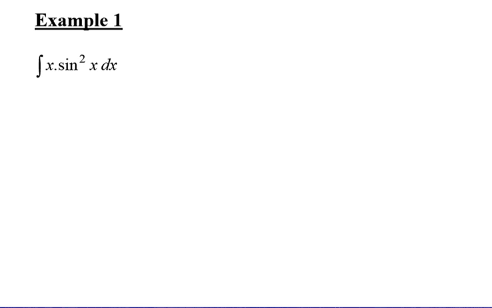Now if you're copying this down, don't copy what I'm doing just yet, because I just want to show you your thought process here. You might think, okay, I'm using my acronym LIATE. Remember, you only use the A and the T in AP, meaning that anything algebraic will be your function, not the trig. So your function is x, which makes your derivative function sine squared x.